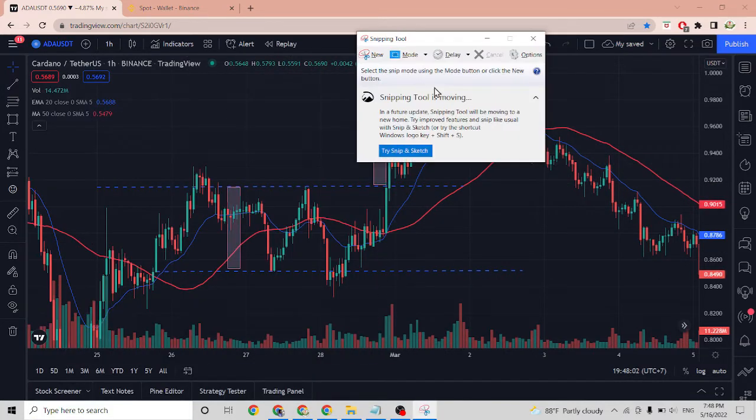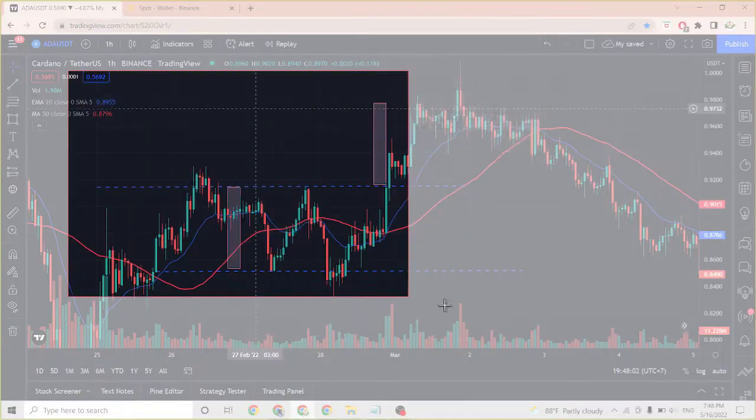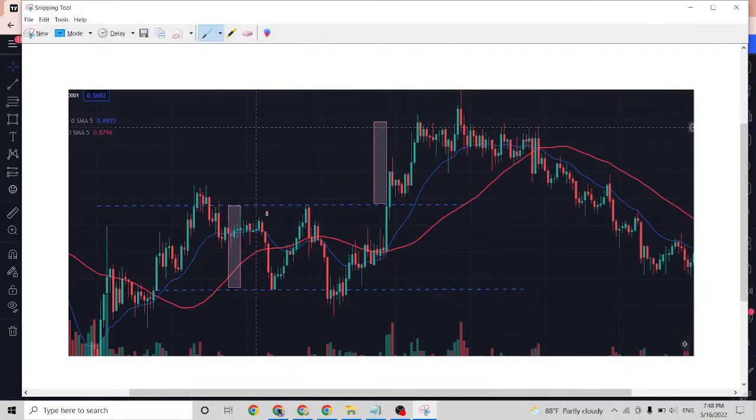Let me explain to you. You see this graph happens between this one. This is the support, this is the resistance.